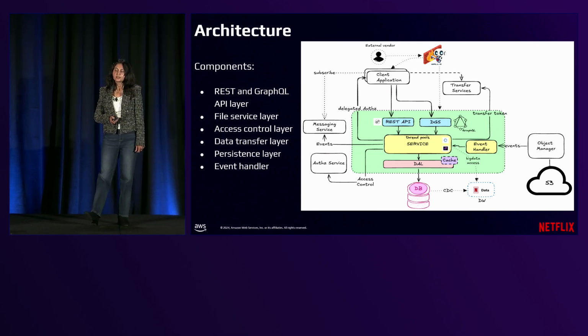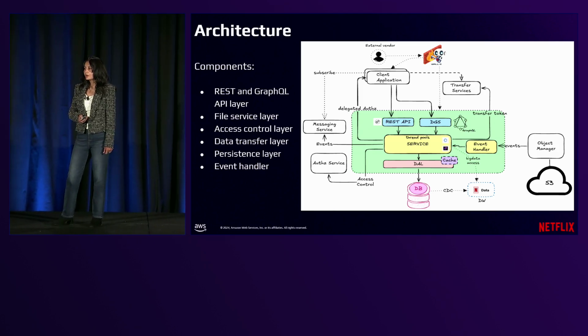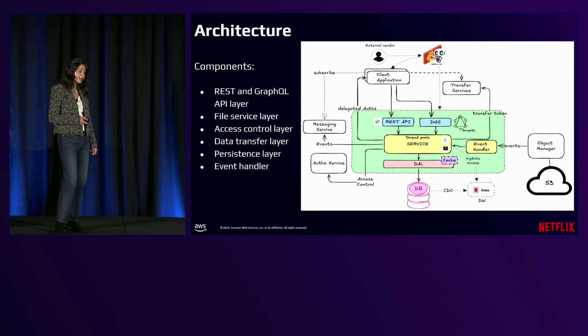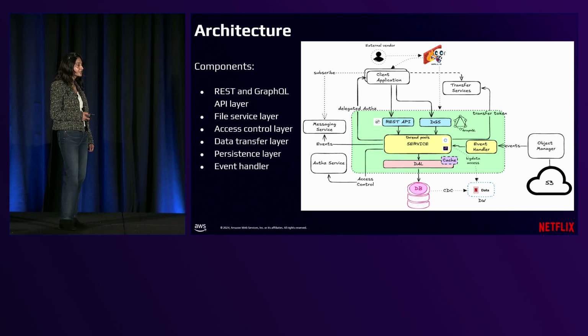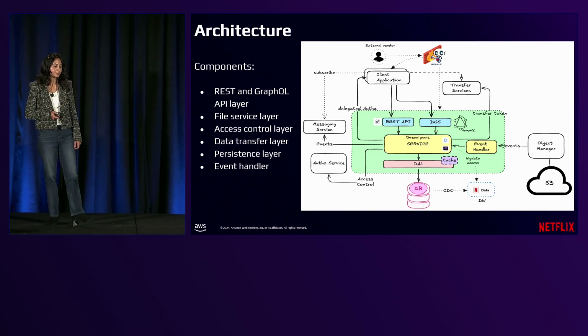The access control layer provides features to perform the actual sharing of these files and folders to different users and applications. The data transfer layer is leveraged to generate the authorization tokens for these files and folders and create transfer sessions to track transfers for uploads and downloads of these files and folders.